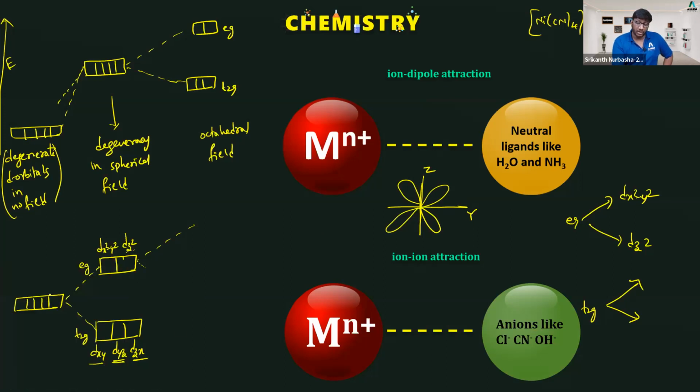This is your dyz. Now I am not getting the ligand along the z direction. So these lobes, which are in between the axis of y and z, will be affected slightly or not? It may not be great, but there will be an effect, because there is electron density in between the y and z axis in the dyz.